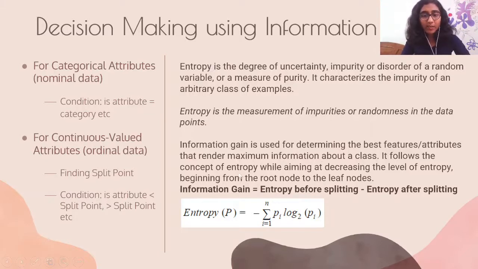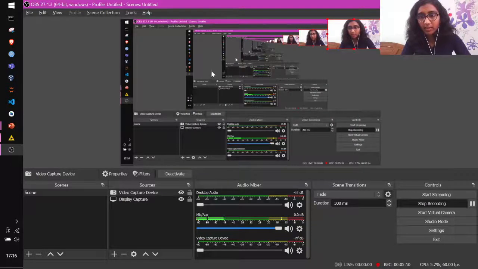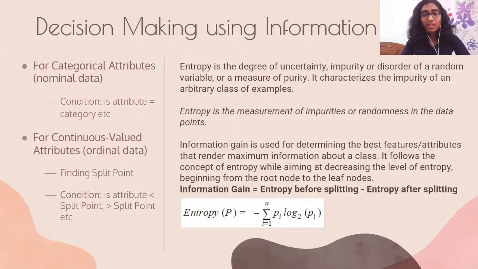To understand information gain, there is a concept called entropy, which is the measure of uncertainty. For every attribute, we find the difference between the entropy before splitting and the entropy after splitting.